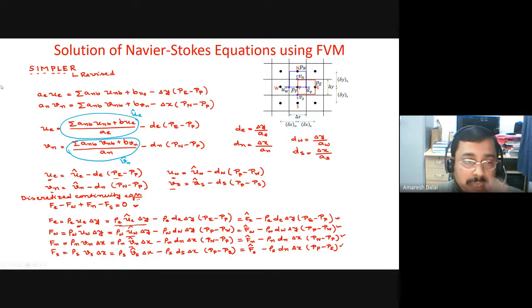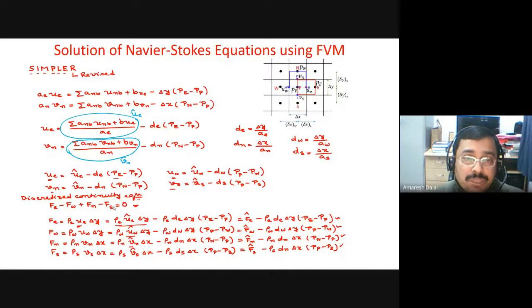So for that reason, these equations are written like this: UE is equal to this divided by AE, which is represented as UE hat, and VN is equal to VN hat plus this pressure term. So now if you put all these in the discretized continuity equation, you will get a pressure equation.